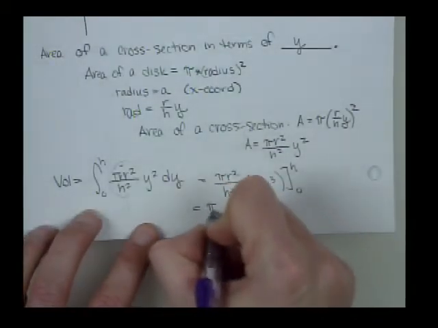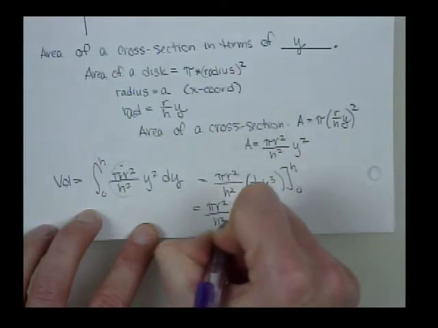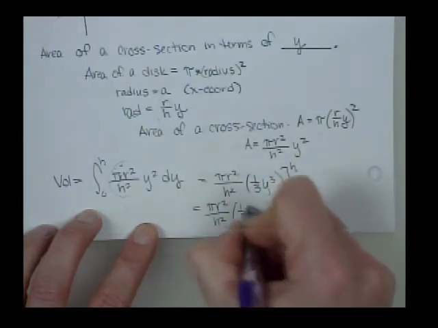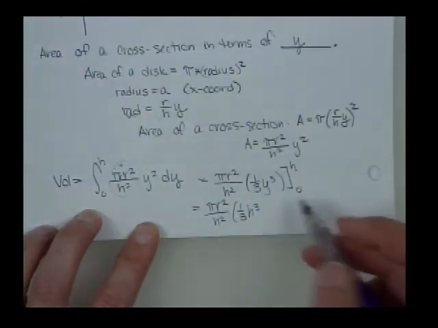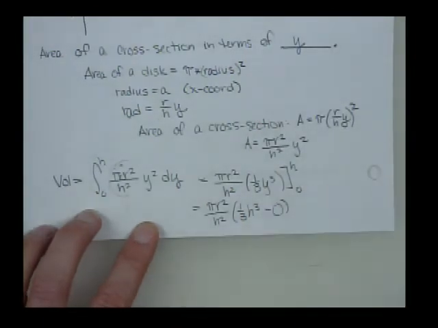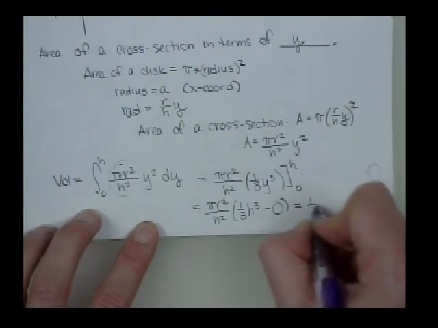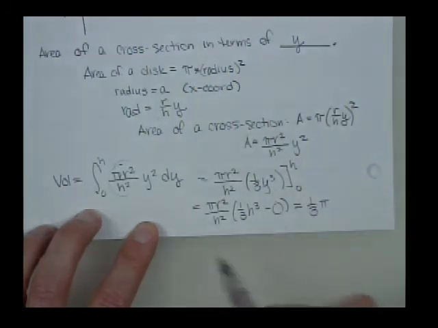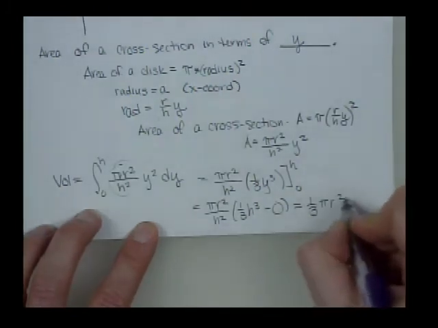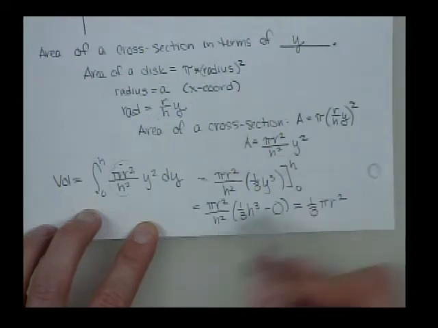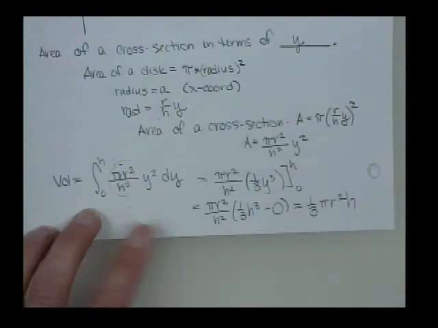So we have pi r squared over h squared times 1/3 h cubed minus 0. And so we have the 1/3 pi r squared, and then this h squared will get rid of 2 of the h's there, and so we have 1 h left.